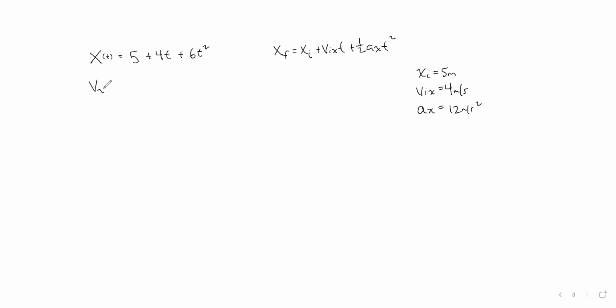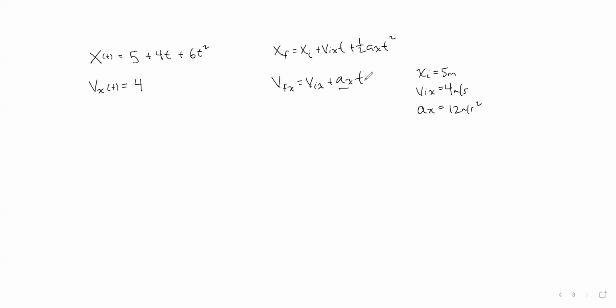The x component of the velocity as a function of time. I know what the generic formula looks like. v final x equals v initial x plus acceleration in the x direction times time. So I can actually write that down. The initial velocity in the x direction is, as we mentioned, 4 meters per second.